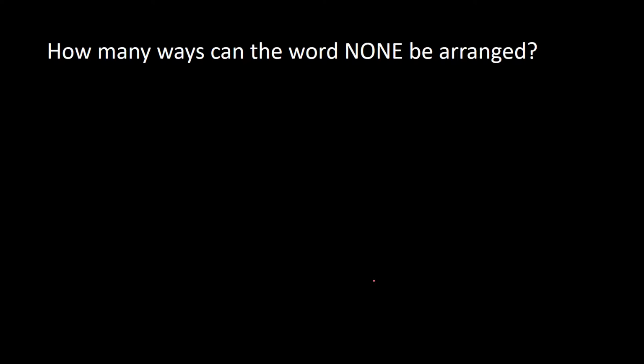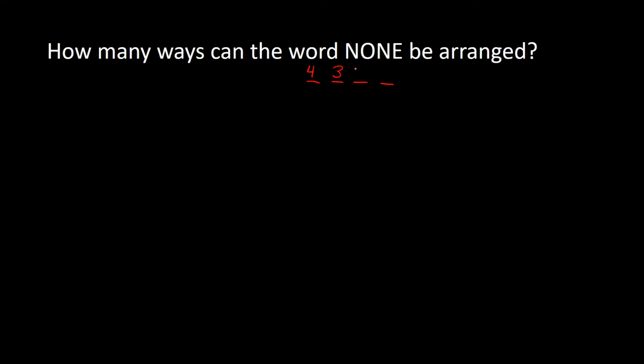So here's another example where now we have the question, how many ways can the letters in the word none be arranged? Well, I have 4 letters in the word. So 1, 2, 3, 4 letters. First option, I have 4 letters to choose from. Once I use one up, I have 3 letters.